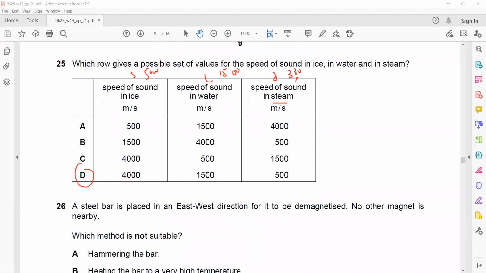But this is steam. In air it is about 330, so it varies with different types of gases. That's why D is the correct answer.